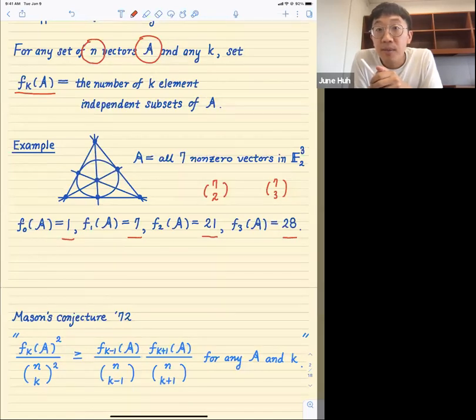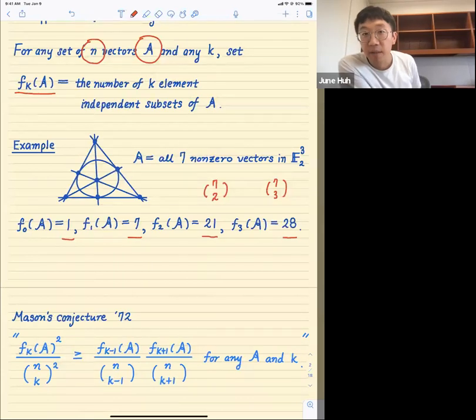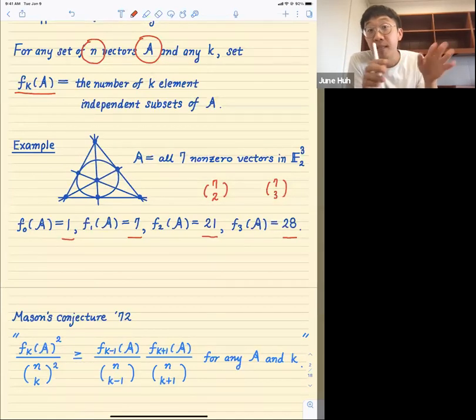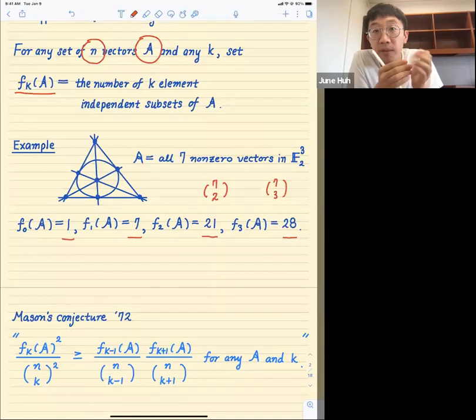And in that case, you see that the inequalities are tight. Every entry is really 1. And the content of the conjecture is that as you specialize your vector configuration, maybe by moving the vectors or changing the field into a smaller one, the inequality always fails in the one way, showing you this sort of concavity.